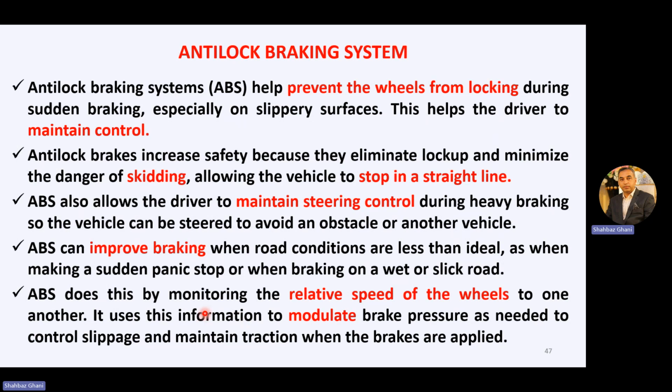So every wheel speed is monitored electronically and the hydraulic pressure is applied relative to that force on that wheel. Monitoring the relative speed of the wheels to one another, it uses this information to modulate brake pressure as needed to control slippage and maintain traction when the brakes are applied.